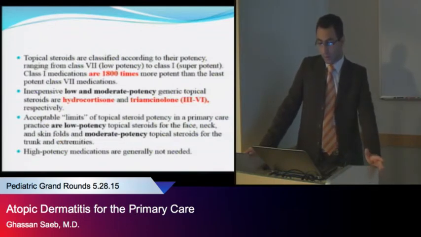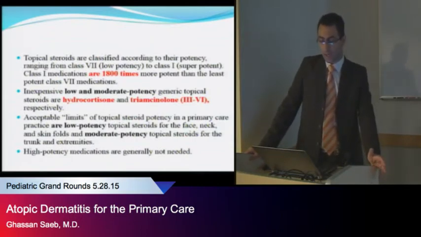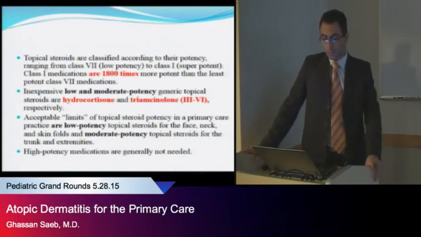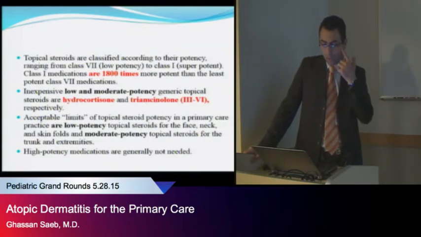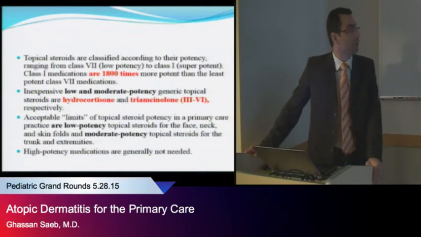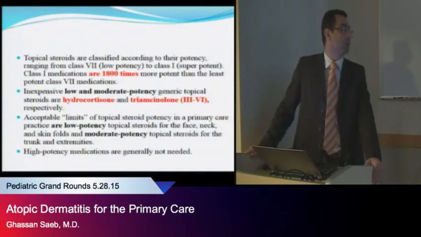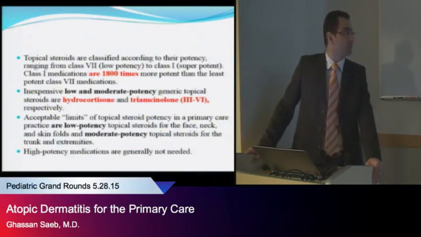Class 1 is the super potent one. And class 1 medications are 1,800 times more potent than the least potent class, number 7. Inexpensive, low and moderate potency generic topical steroids are hydrocortisone and triamcinolone, and depending on triamcinolone concentration and whether the carrier is ointment or cream, it can be from class 3 to class 4.